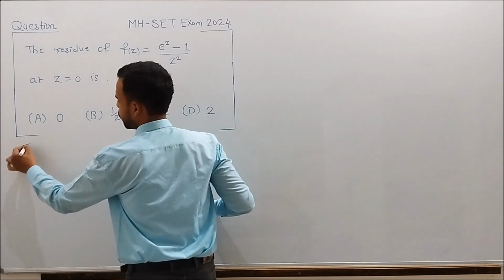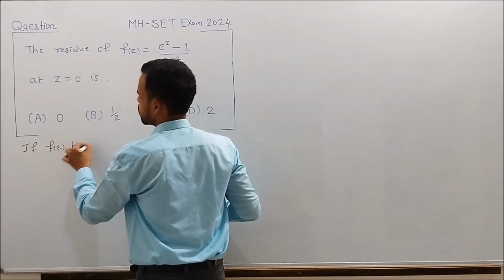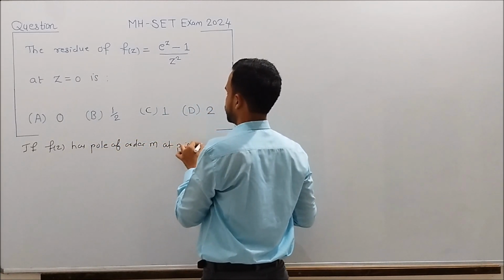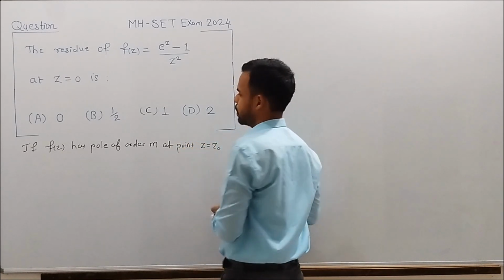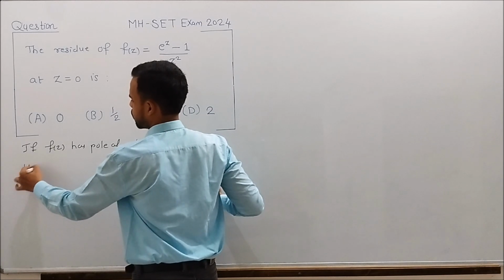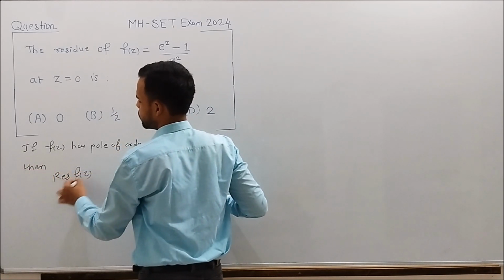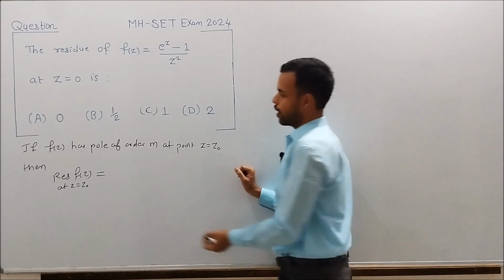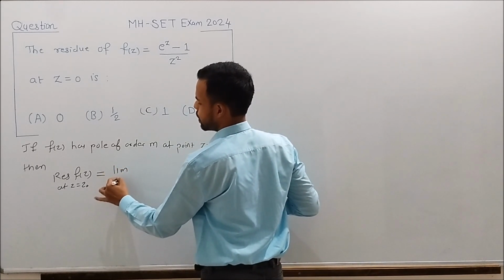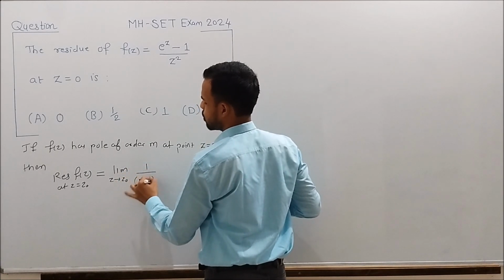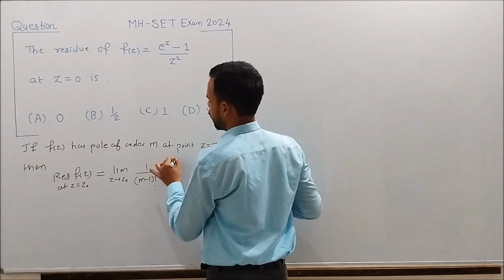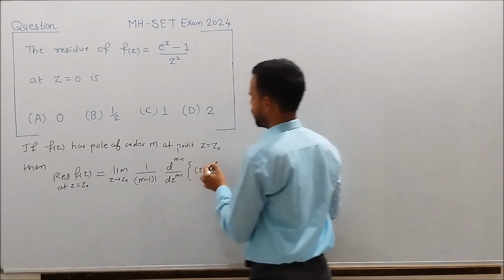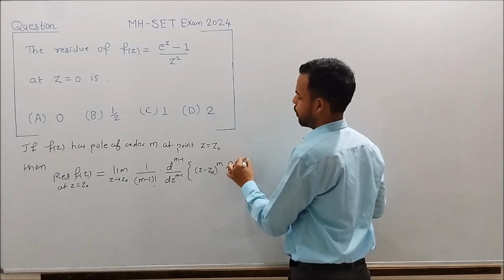We know that if function f of z has a pole of order m at point z equals z0, then the residue of f of z at z equals z0 is given by the formula: limit z tends to z0, 1 upon (m minus 1) factorial times the (m minus 1)th derivative of (z minus z0) to the power m times f of z.